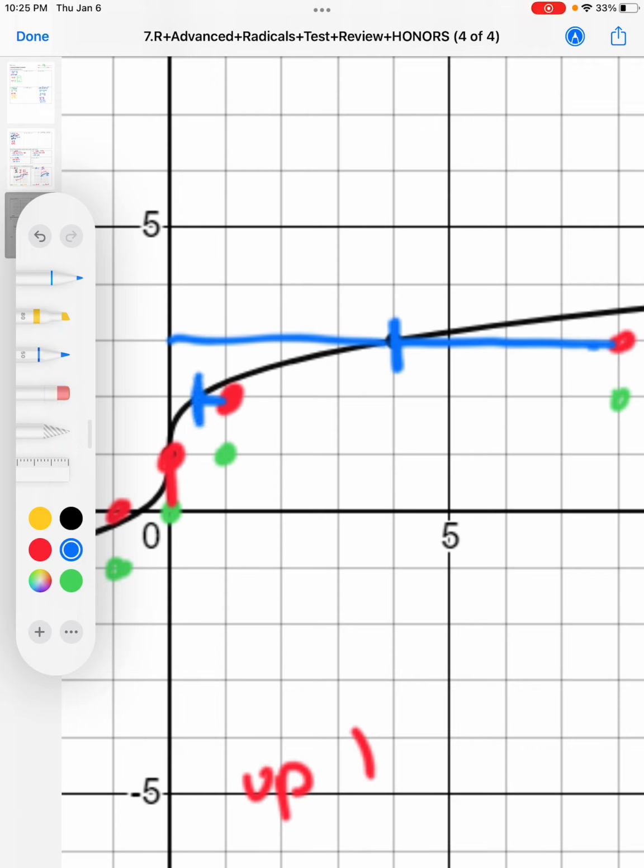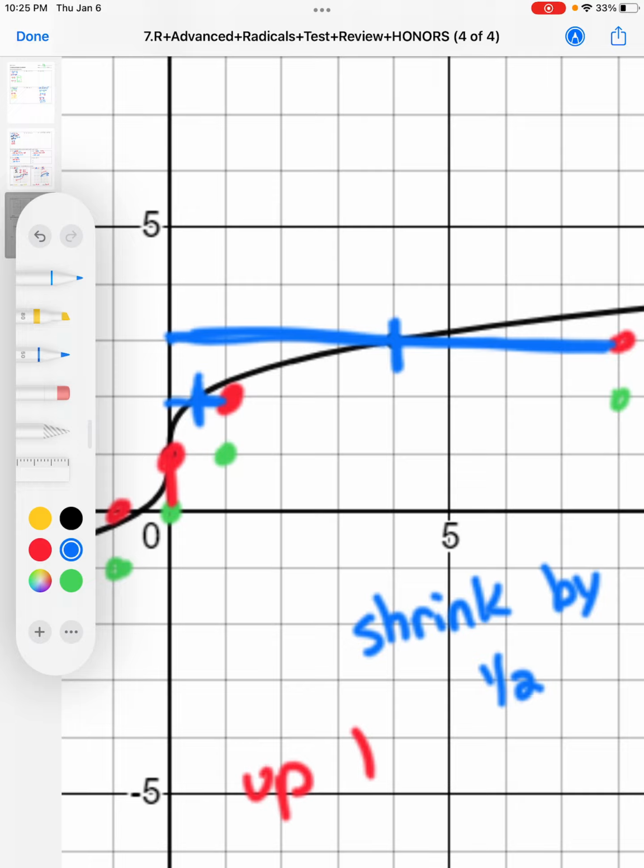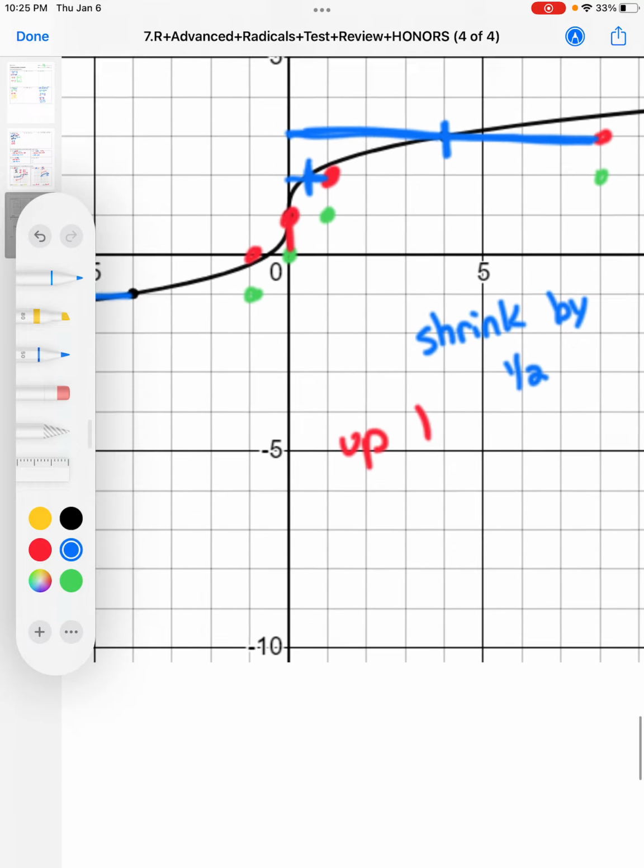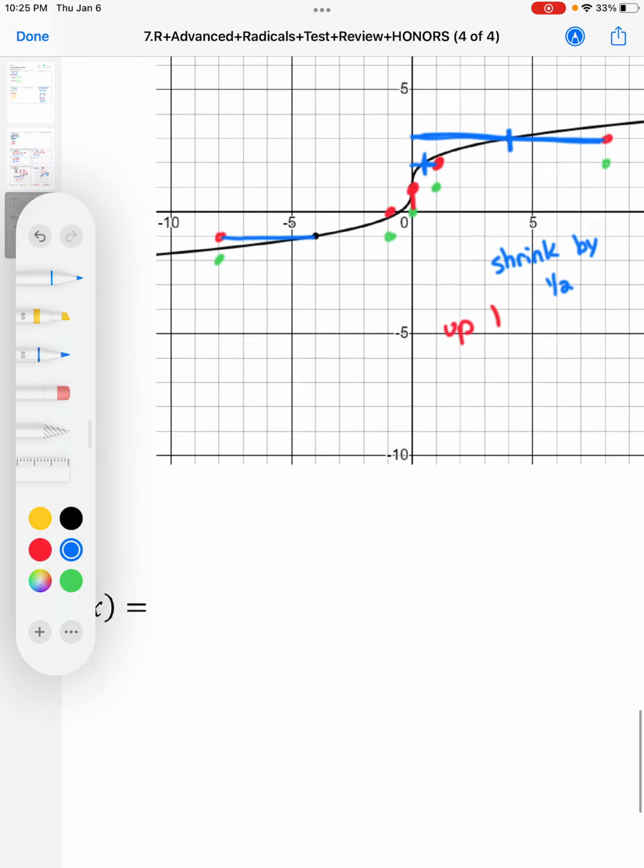Here, this distance is halfway between here and the origin. So I'm not changing my y value because their y values are all the same. I'm changing my x values. And what am I doing? I'm having to shrink it by 1/2, right? It's half the distance. So I shrunk my x values by 1/2.